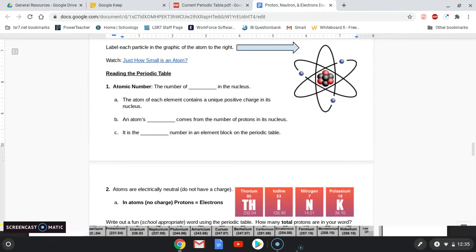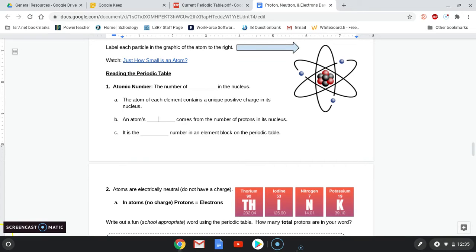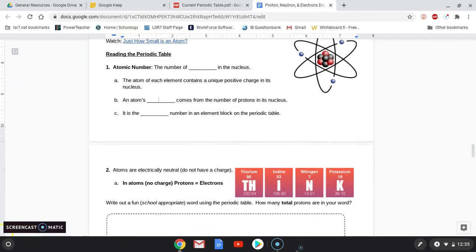Sometimes it's off center, so it might be to the right or the left, but on our periodic table, the top number is the atomic number. So we want to make sure that we've got all that information down. The top number is what you fill in that blank. And once again, if you use notebook paper, you can just write 1, and then put the number of protons. You could write them out and refer back to this.